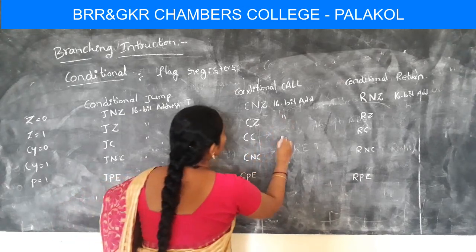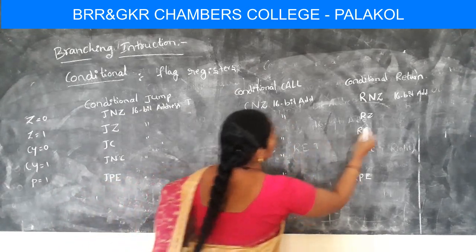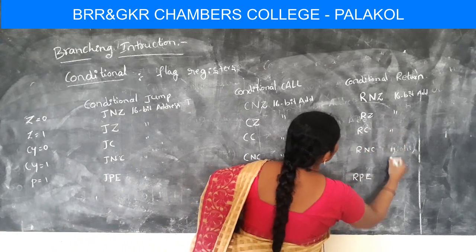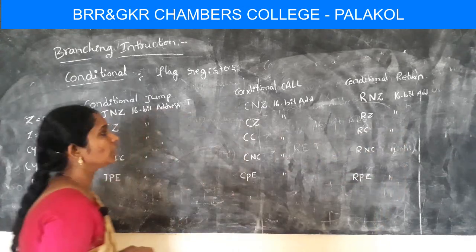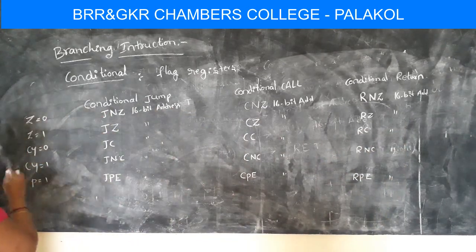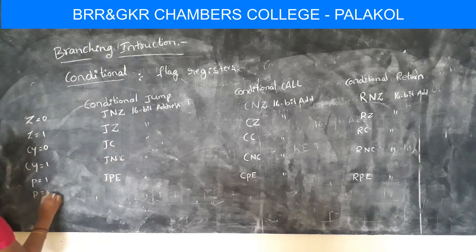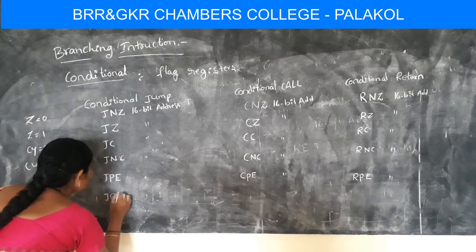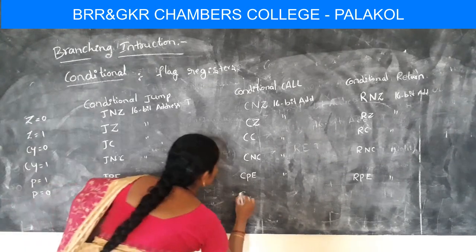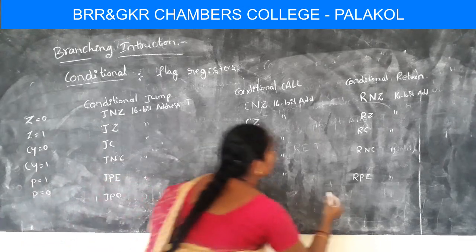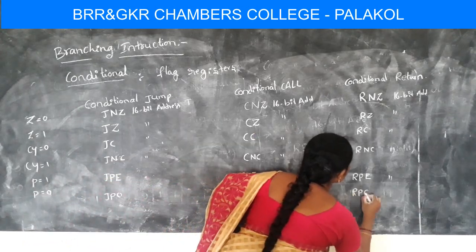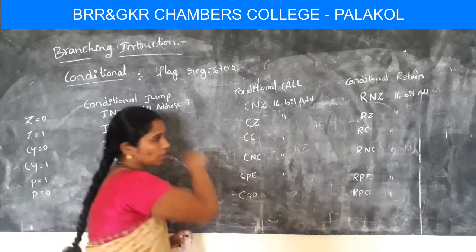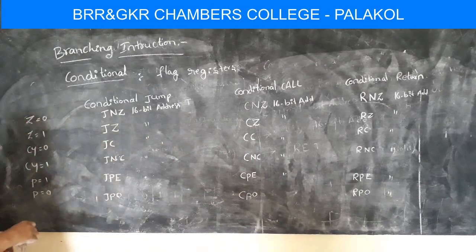These all are 16-bit addresses. And P equal to 0 is an odd parity. So here JPO, CPO and RPO, with a 16-bit address.